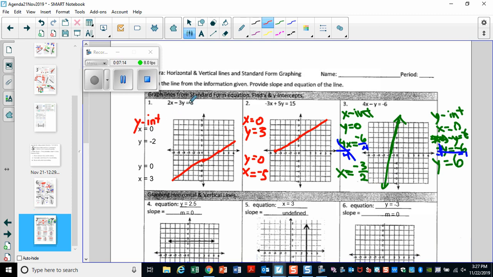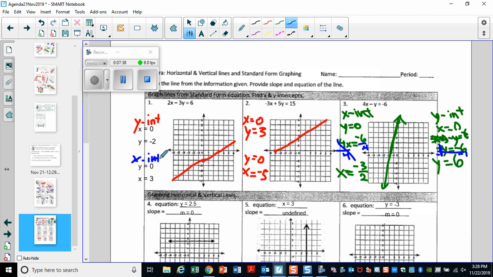And then when we solve for y it will be -2. Again, your x term goes away. Then you have to figure out -3 times what number gives me +6. Answer is -2. Similarly, if y is 0, that's going to help us get our x-intercept.